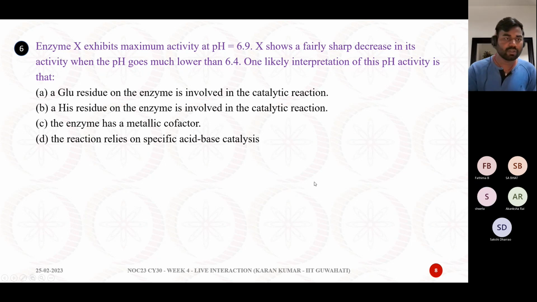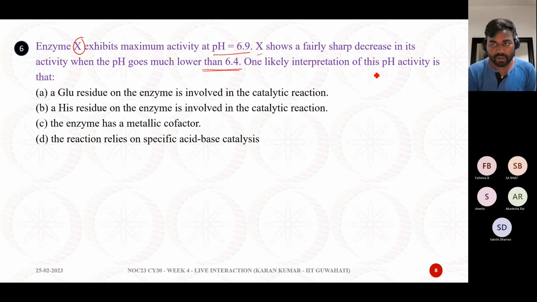So your question is, there is an enzyme X that exhibits maximum activity at pH 6.9. This X shows a fairly sharp decrease in its activity when the pH goes much lower than 6.4. That means if pH goes below 6.4, there is a sharp decrease in the activity.